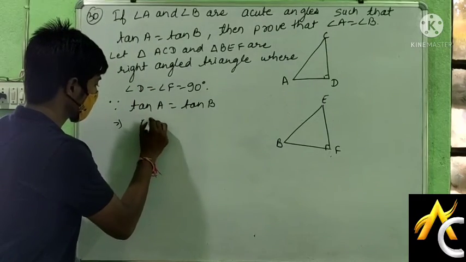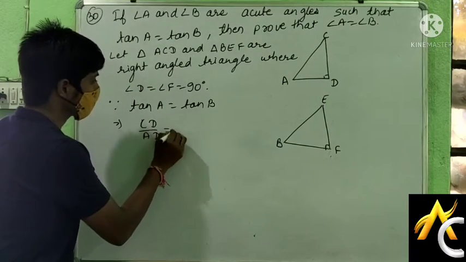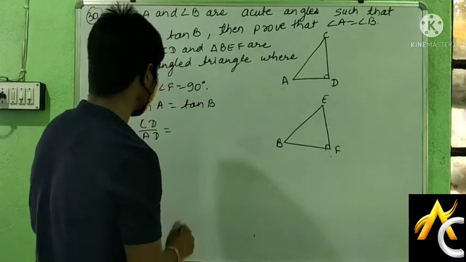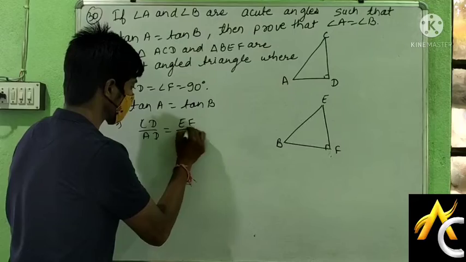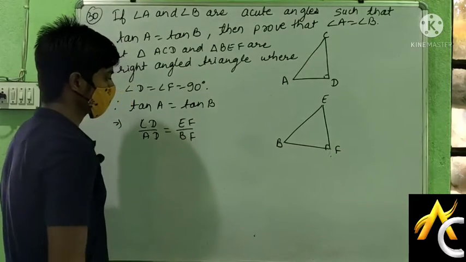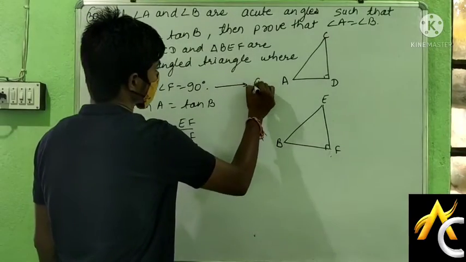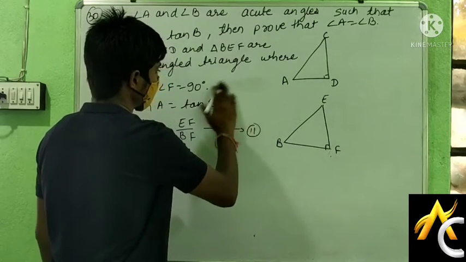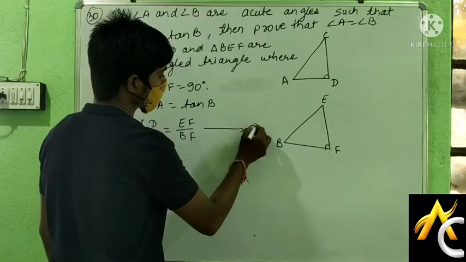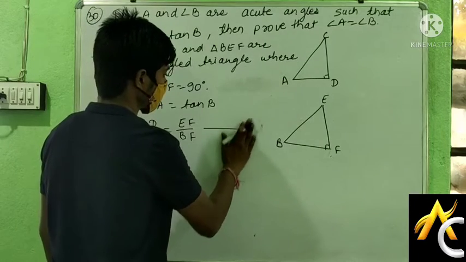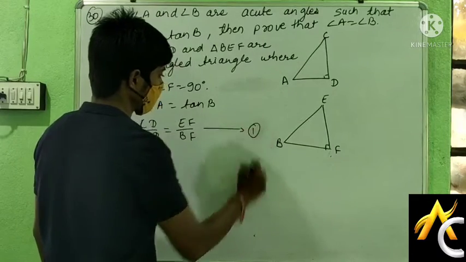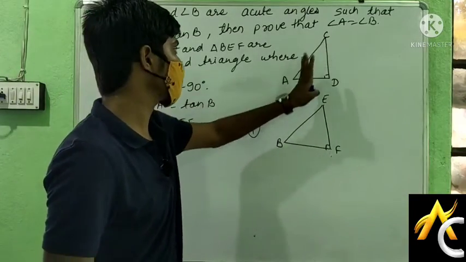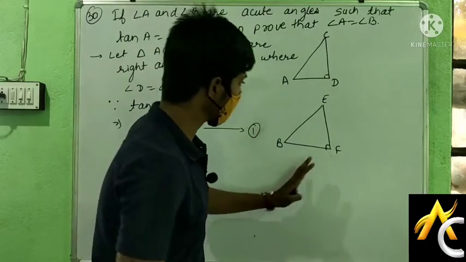That implies CD by AD will be equal to EF by BF. Simple. Let us consider that this is our equation number 1. Okay. Now we are going to compare triangle ACD and triangle BEF.